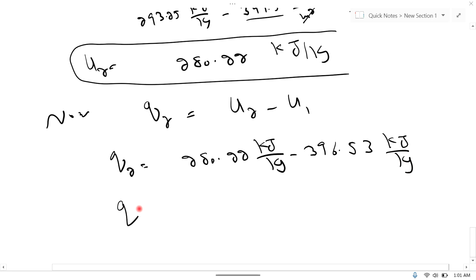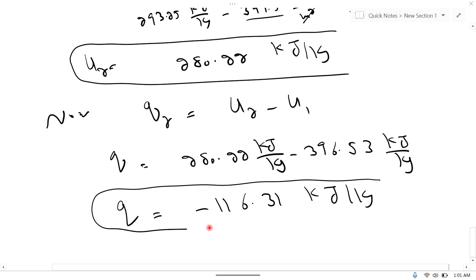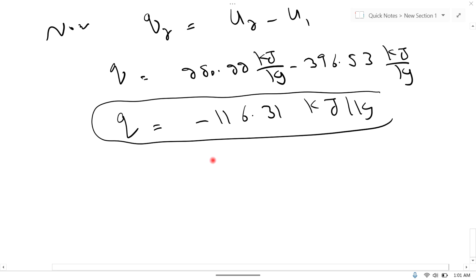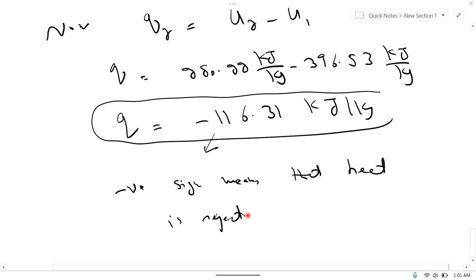So Q is equal to minus 116.31 kilojoule per kg. A negative sign means that heat is rejected. And this is the end of the problem.